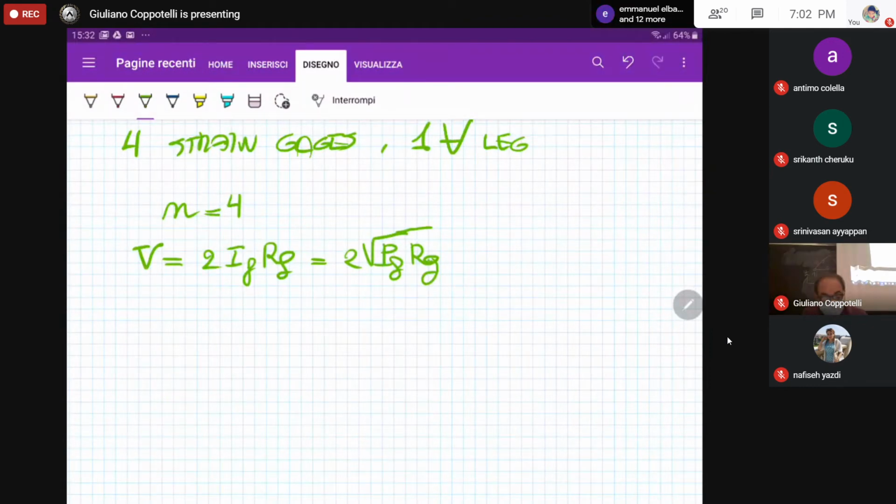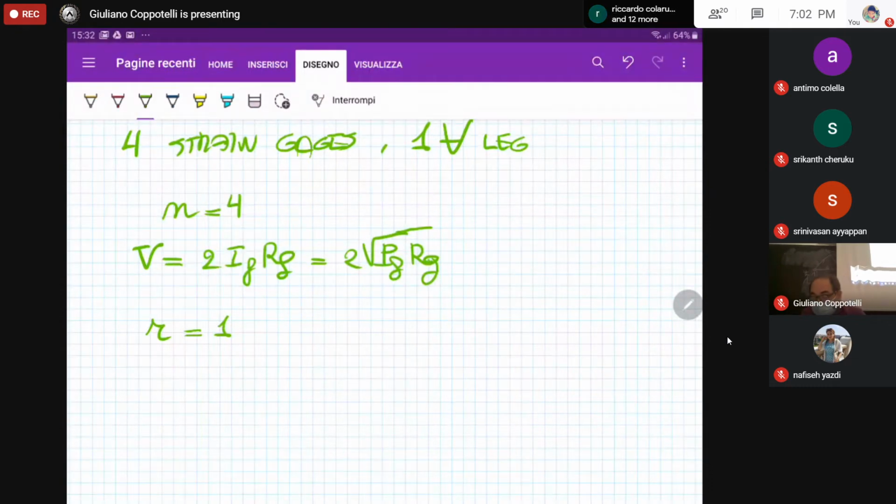Okay. Because we are using the same strain gauges for all the legs, what we can say is that little r is equal to 1. All the strain gauges are the same, and also the balancing condition is met.